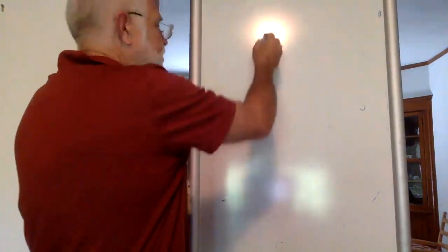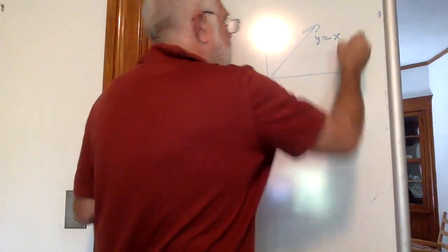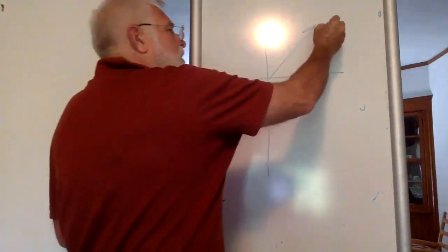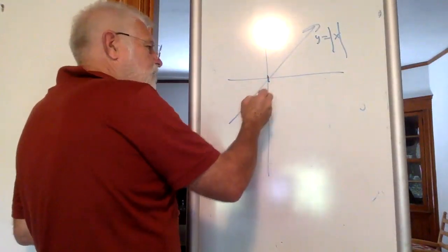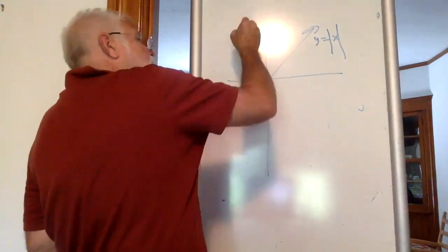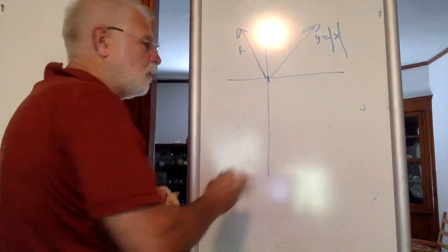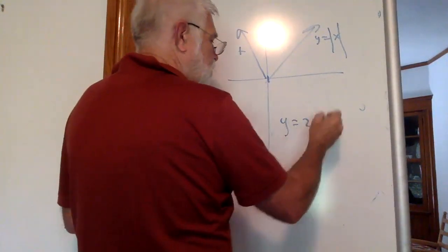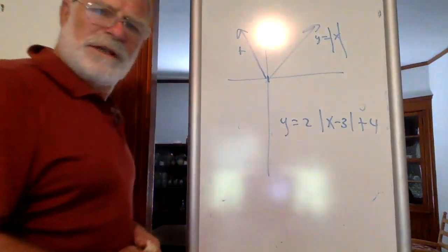So what was absolute value? There's the graph of y equals x. When I slap that with an absolute value, what happens when I get a sign change? These negatives become positives, and that's why we have that V-shaped graph. If I gave you y equals 2 times the absolute value of x minus 3 plus 4, where does the sign change happen?